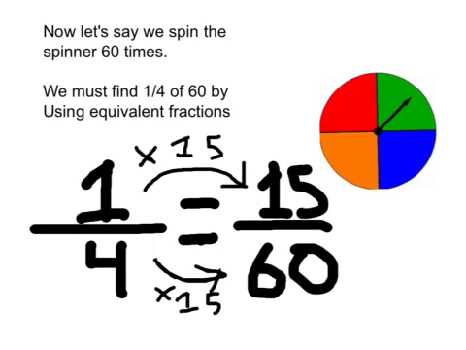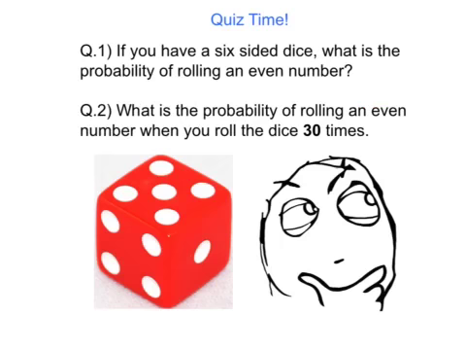So there is the second fraction, and this fraction is equivalent to 1/4. Again, this means that out of the 60 spins, theoretically, 15 of the spins should land on green, but that's just theoretically. It might not happen.